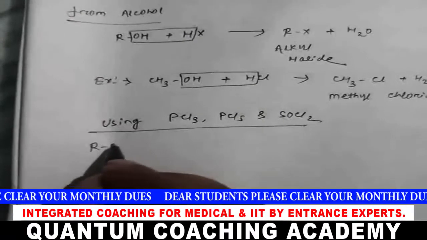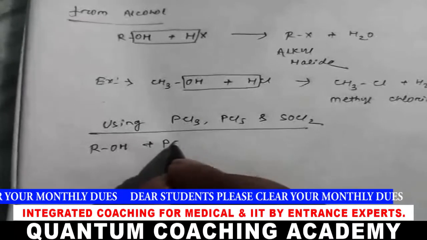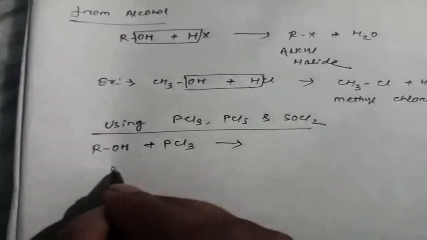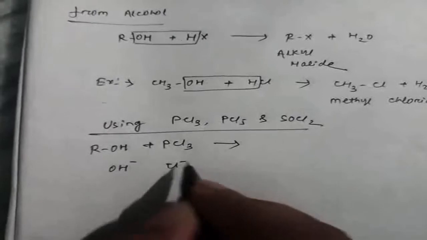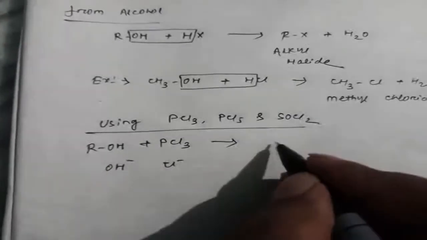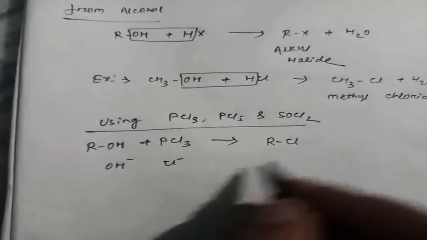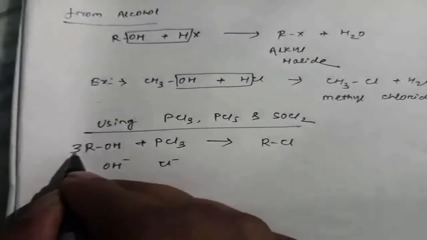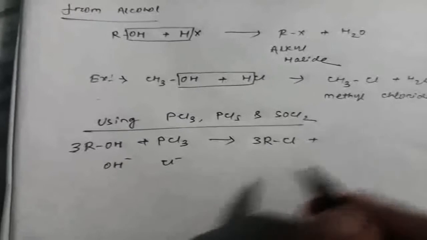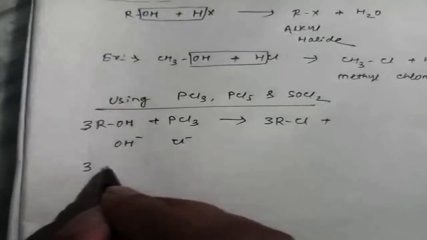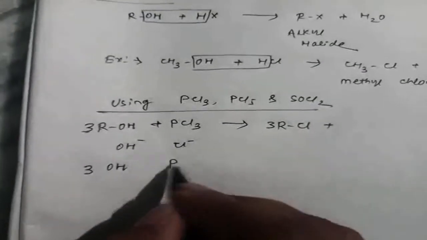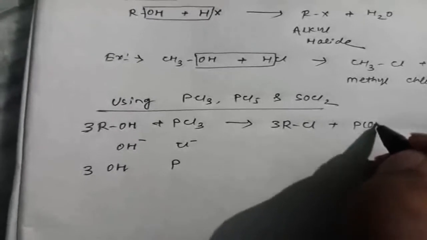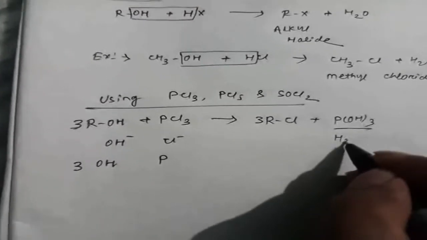First, alcohol reacts with PCl3, that is OH minus, Cl minus interchange, a nucleophilic substitution reaction, giving 3 molecules of RCl. The remaining is 3 molecules of OH with P, that is P(OH)3 or H3PO3.